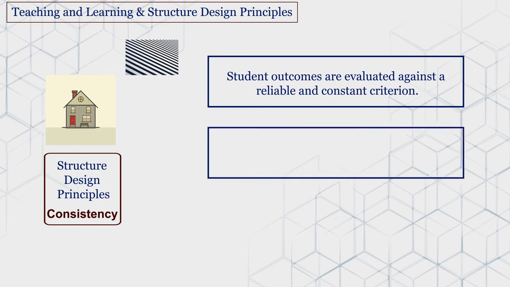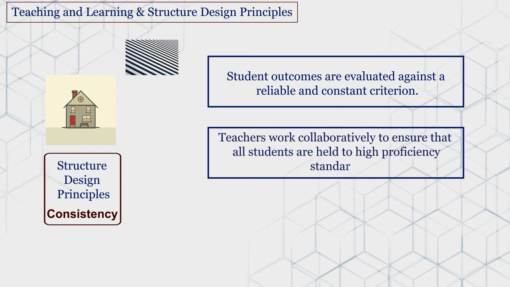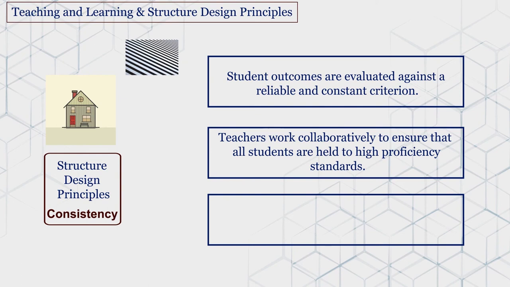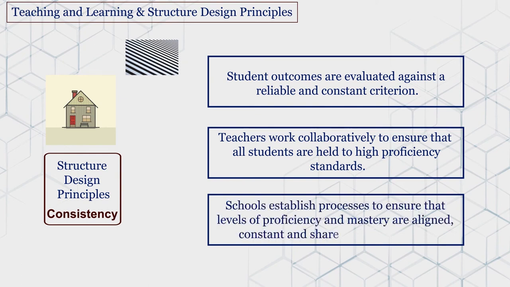Teachers work collaboratively to ensure that all students are held to high proficiency standards and perform at the highest possible depth of knowledge. Schools establish processes to ensure that levels of proficiency and mastery, that is, application of the skills and knowledge, are aligned, constant, and shared among teachers.